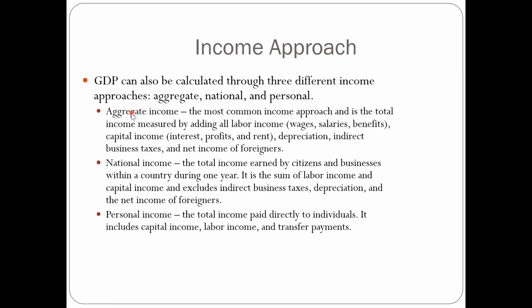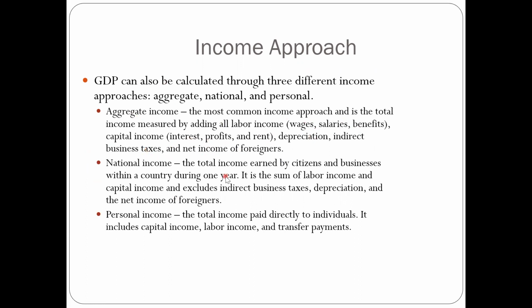Aggregate income is calculated by adding all labor income, and we have different income like wages, salaries, and benefits. And we also add the capital income: interest, profits, and rent, plus depreciation, indirect business taxes, and net income of foreigners. These all are aggregate income.